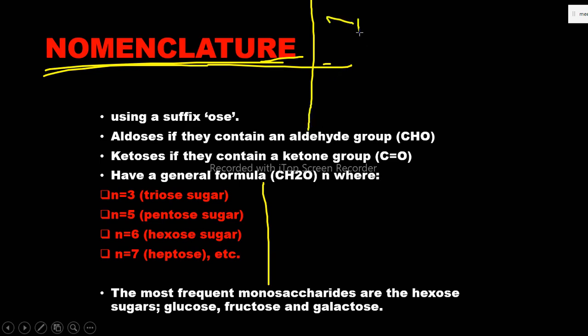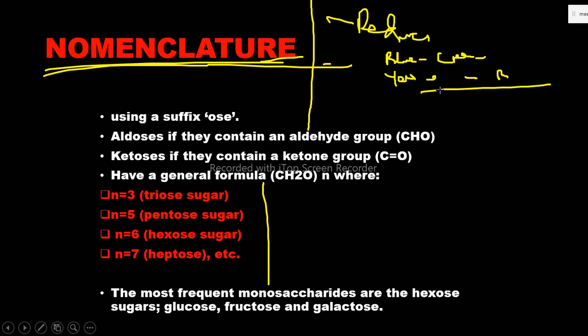The property is they are reducing sugars, in that they do change the color of Benedict's solution from blue to green, then to yellow precipitate, then to orange precipitate, finally to brown precipitate, depending on the amount present in the solution.